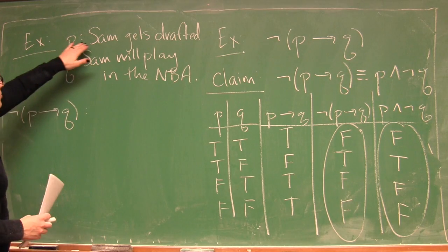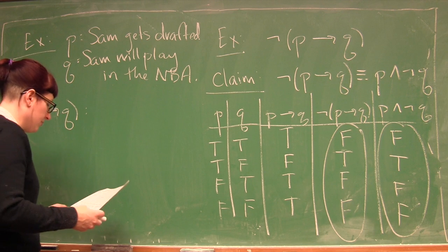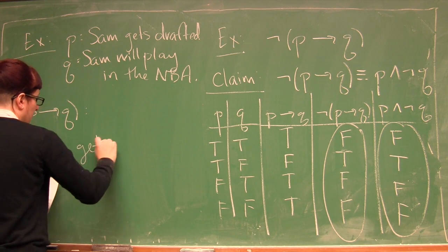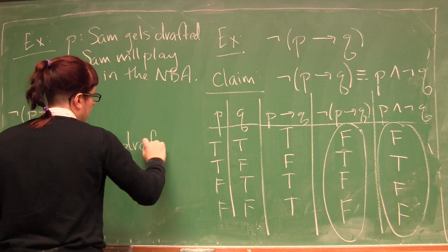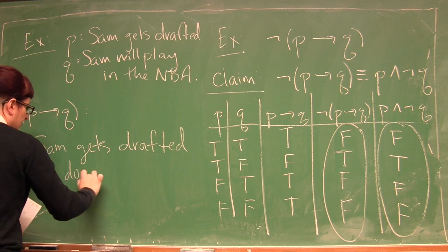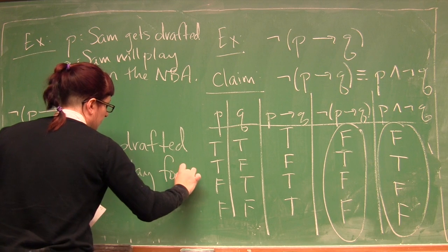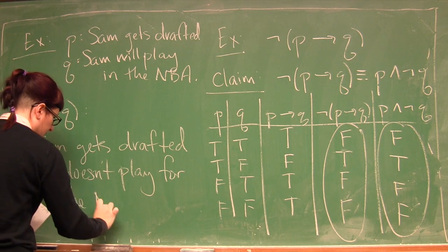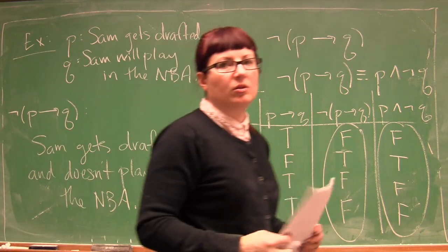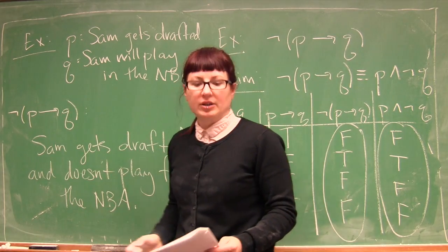So that would mean Sam gets drafted and Sam does not play for the NBA. So this in words is the logical negation of the conditional statement P implies Q.